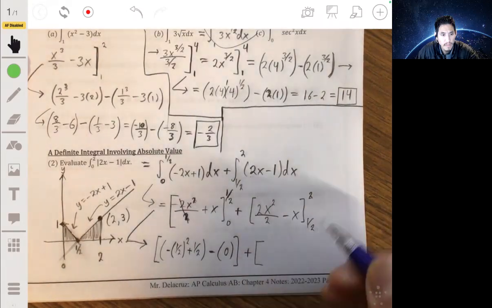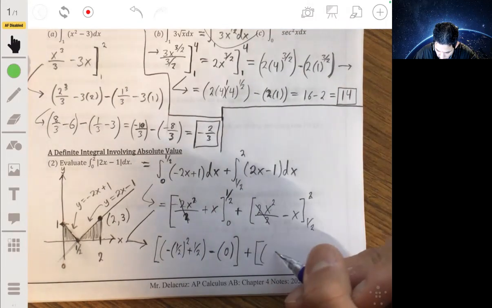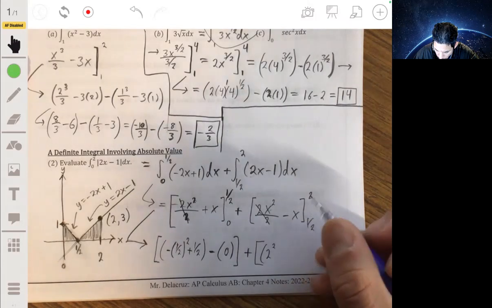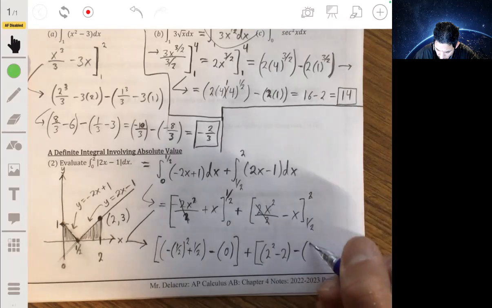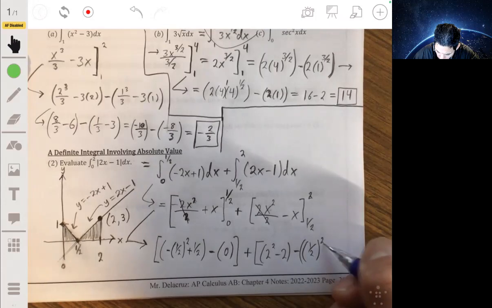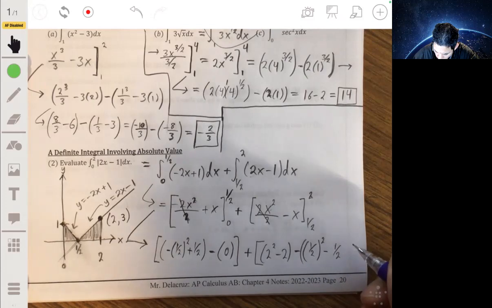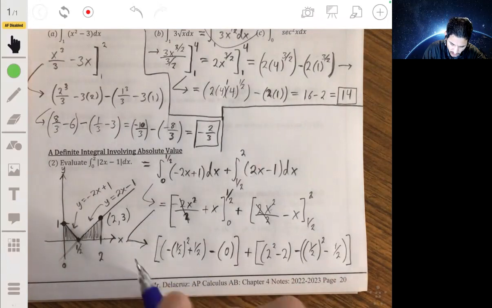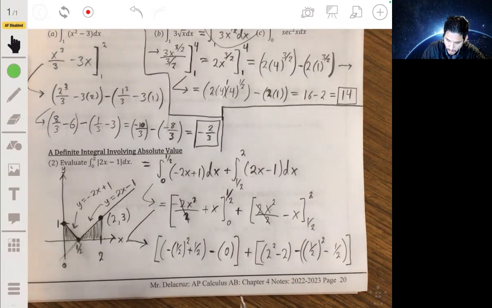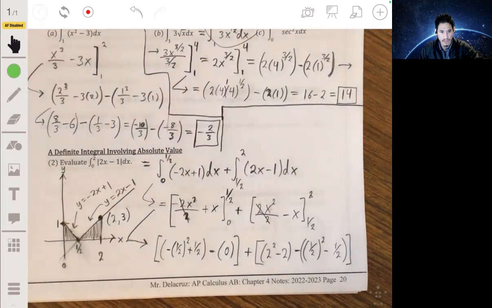The second portion, these 2's cancel again, so this will be 2 squared minus 2, minus 1/2 squared minus 1/2. And then we evaluate this. Let's see if I can fit this in. I got it. I'm going to add this sticky note here. Came prepared.